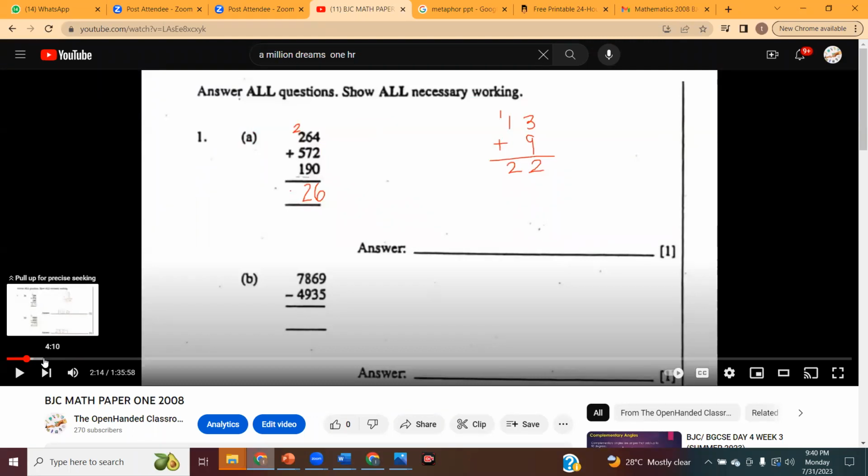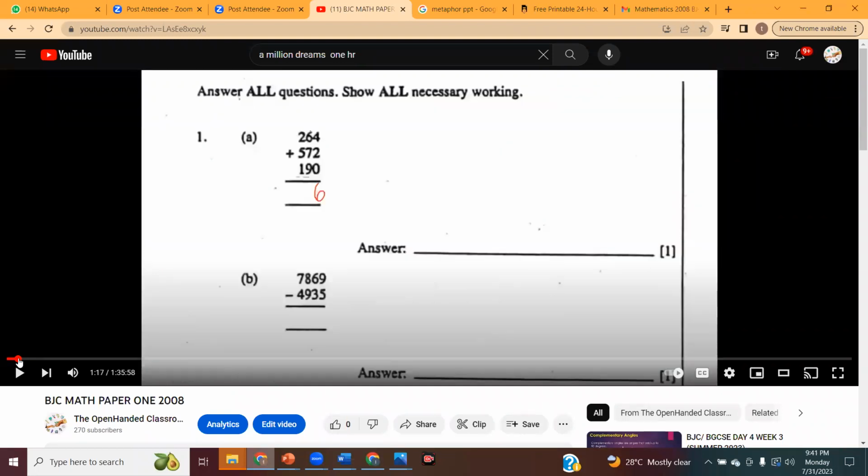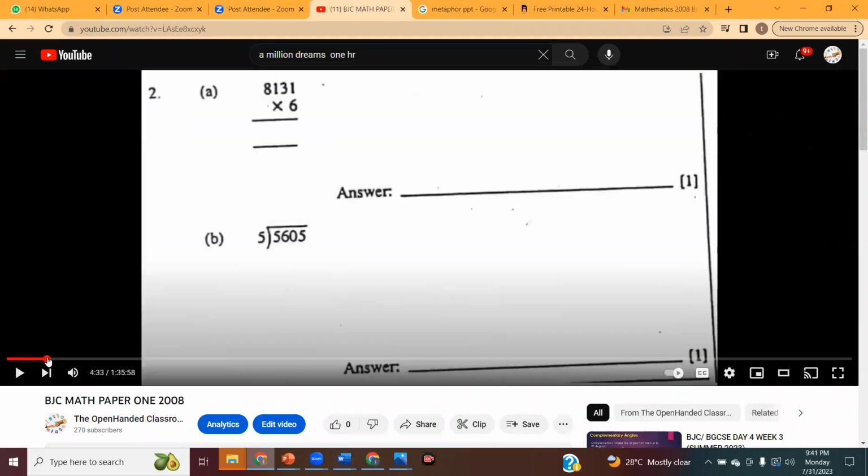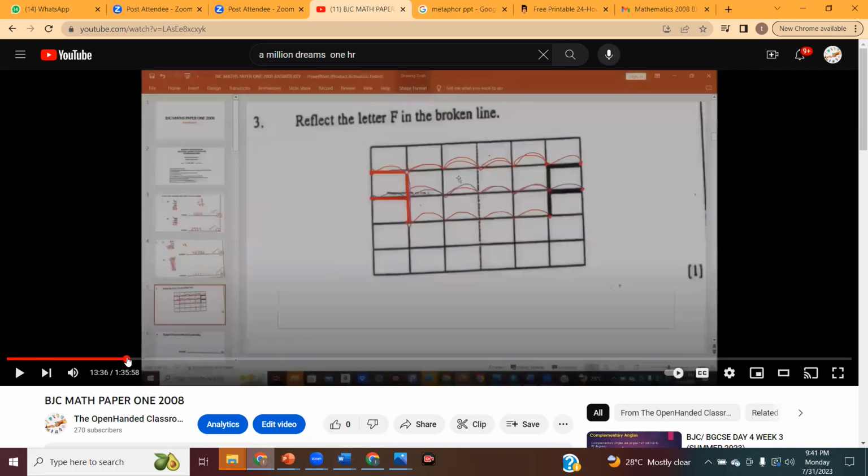Which page is it on? It's the first page. No, it's the first question. All the questions in the homework are from the first page, the first paper, paper one. So all of them are inside of it.